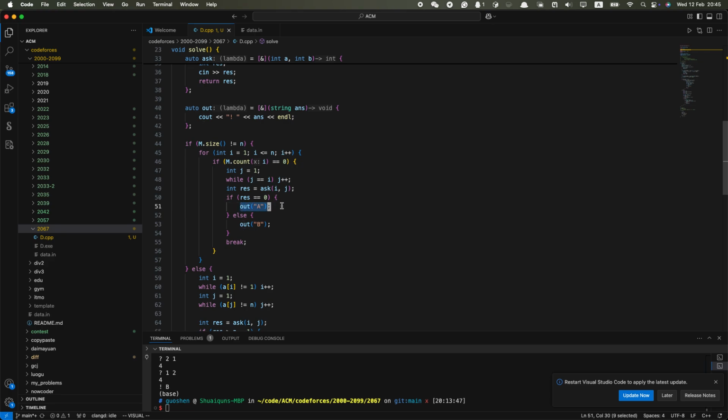Else, if the response does not equal 0, that is impossible. The object A is impossible because we don't have any edge from I to any other numbers. So we just output object B, and in this case we can solve it very easily.